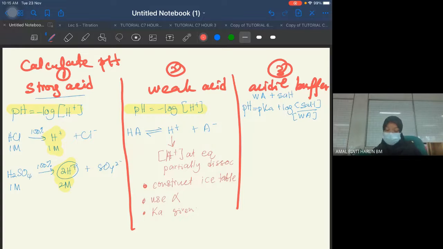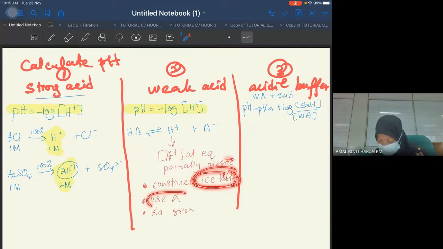Itulah. So soalan dia untuk macam ini, you cannot simply get the concentration of H plus. H plus concentration hanyalah boleh diperolehi menggunakan ICE table. So, nak selesaikan ICE table sama ada diberi degree of dissociation or Ka.